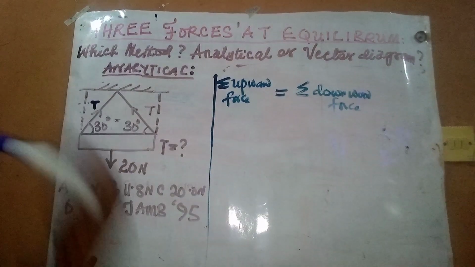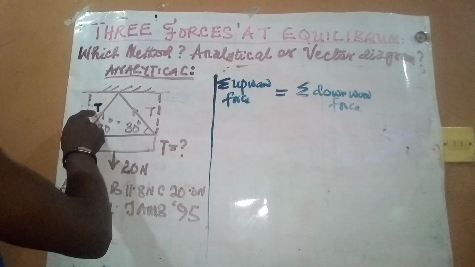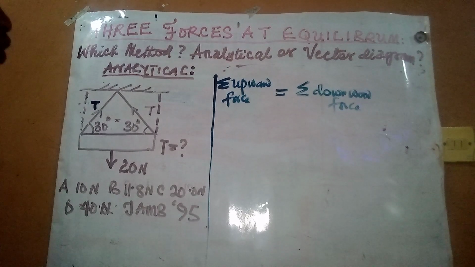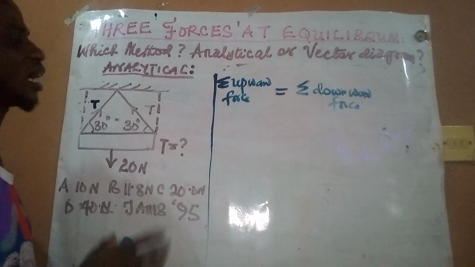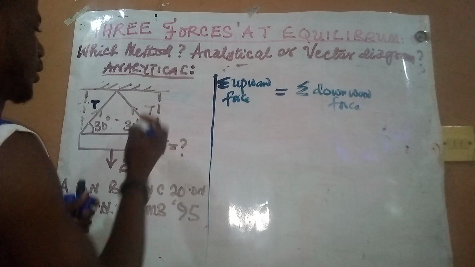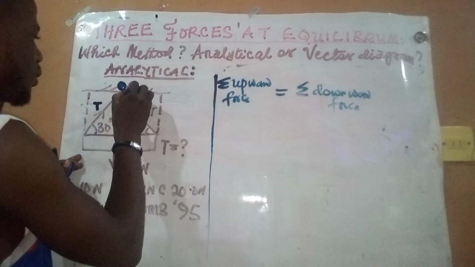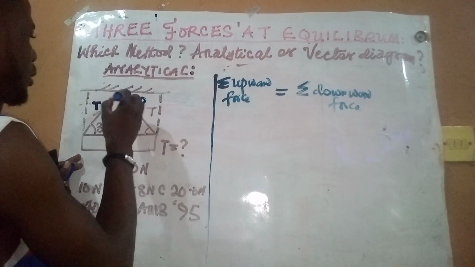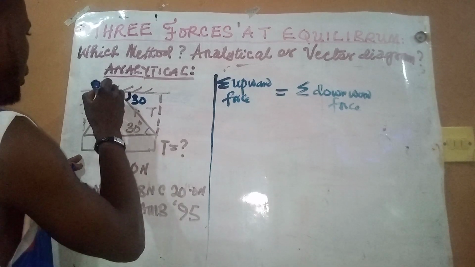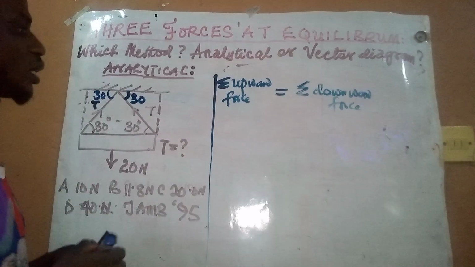Upward forces here are T and this T. The component of this T that is acting upwards is, because this is 30, this is 30, because they are alternate angles.